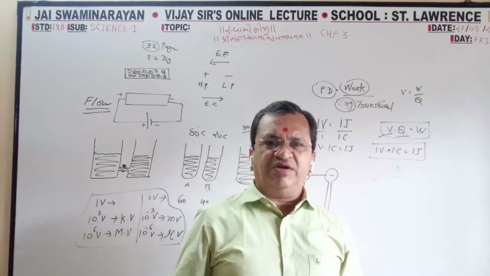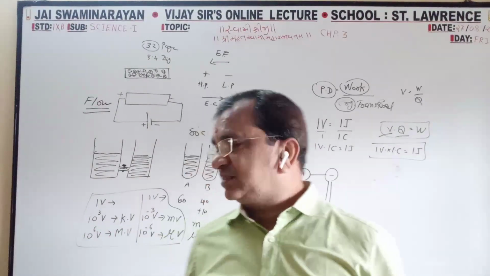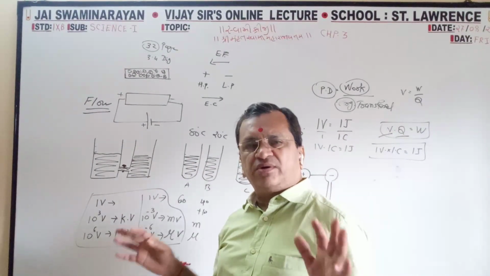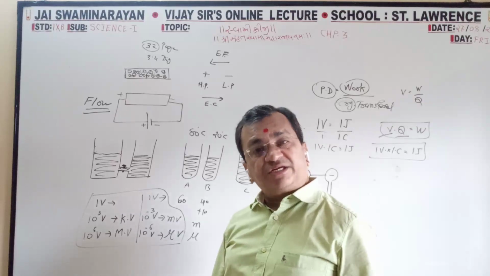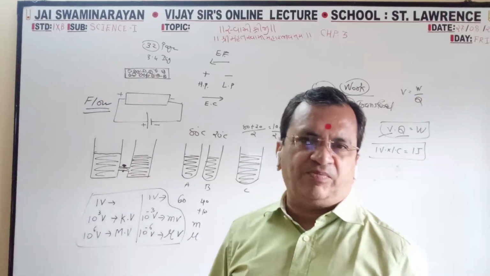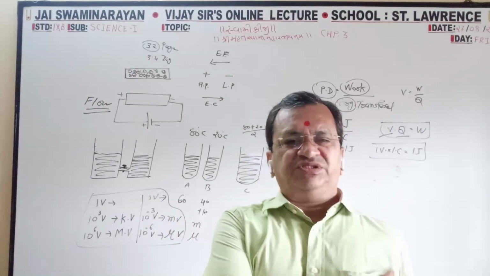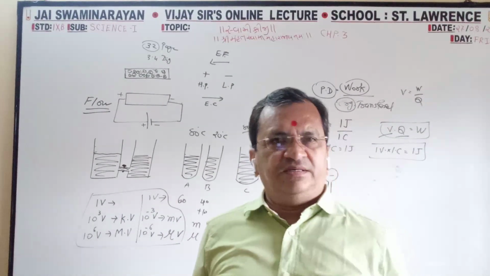So electric current will flow, but in which direction? From positive to negative. Electric current always flows from positive to negative, but electrons always flow from negative to positive, because electrons are negative and are attracted towards the opposite point.